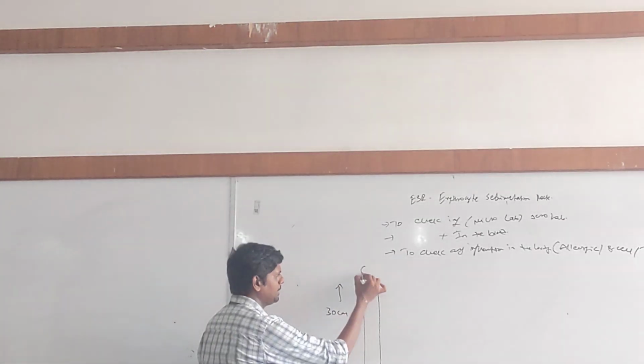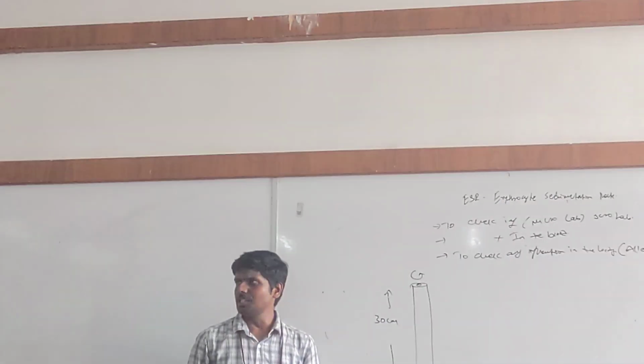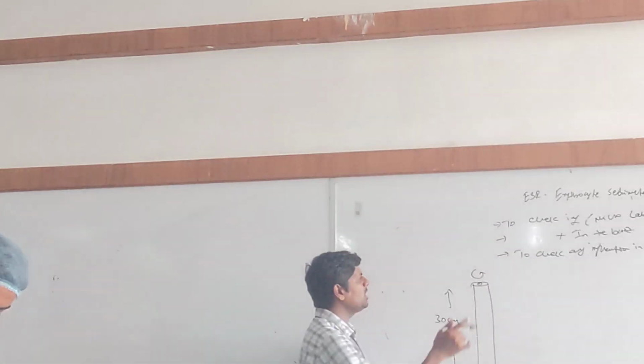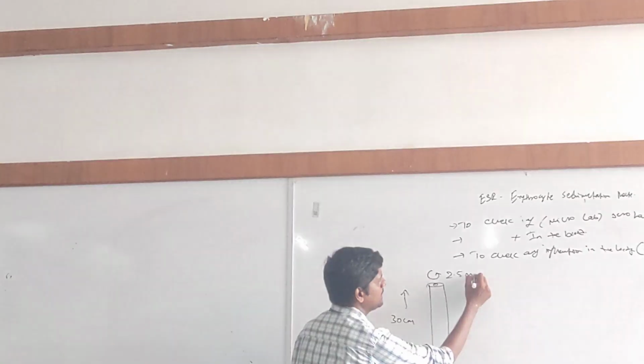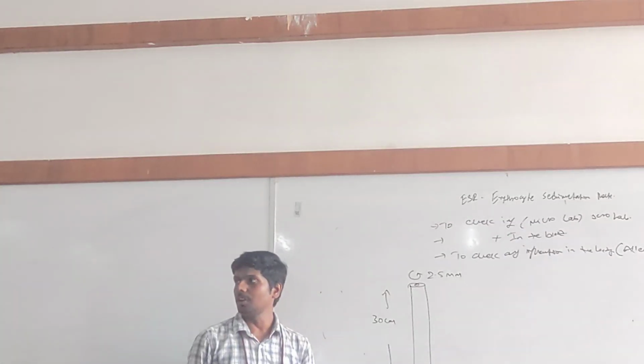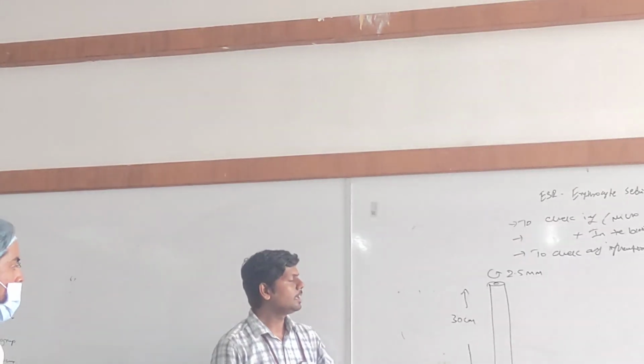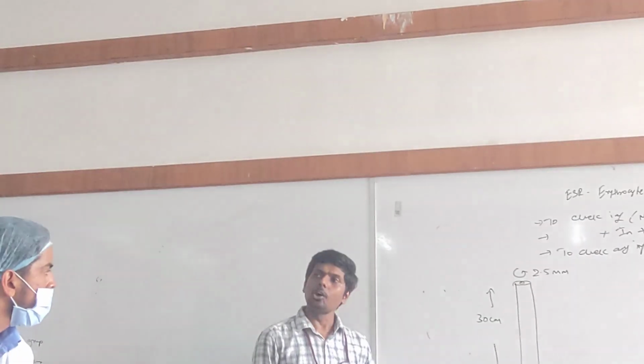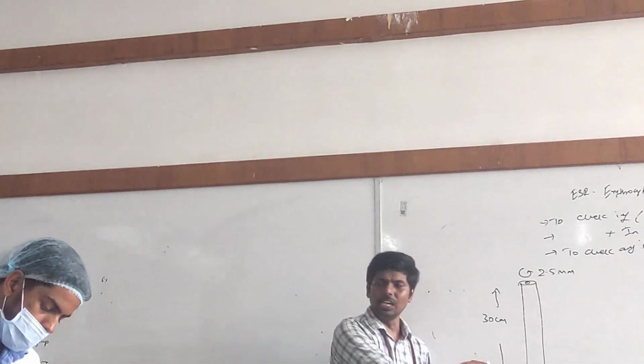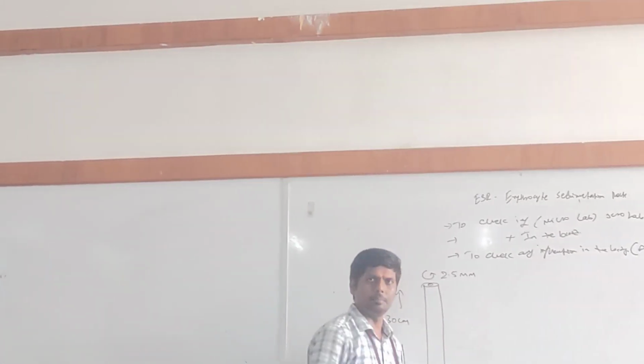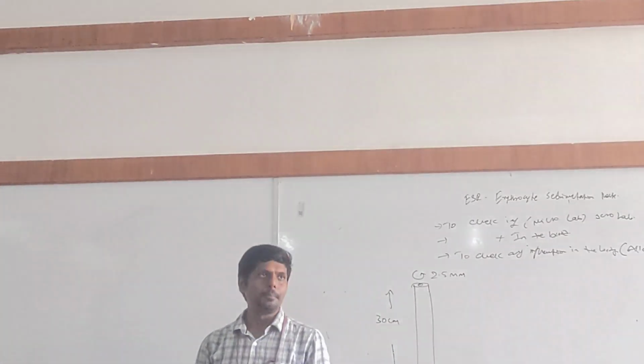And the diameter of this glass rod is 2.5 millimeters. These things are very important, so please note down these points. Both ends are open, 30 centimeters in length, 2.5 millimeters in diameter.